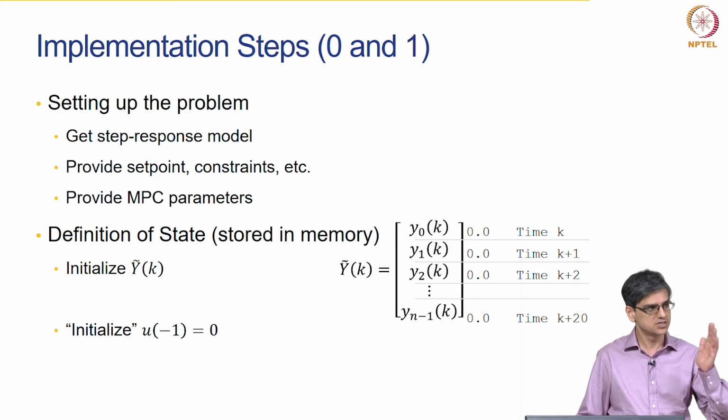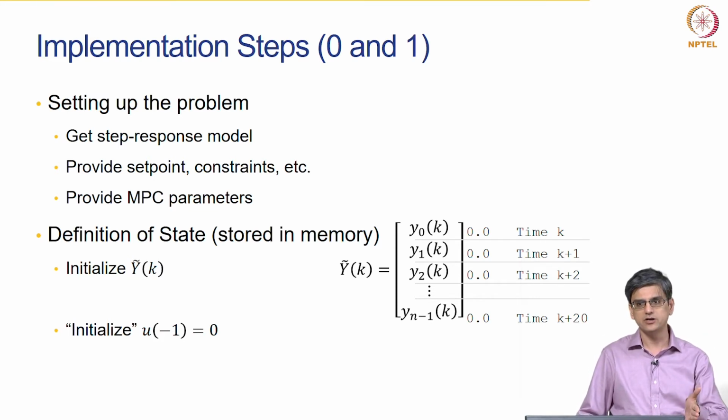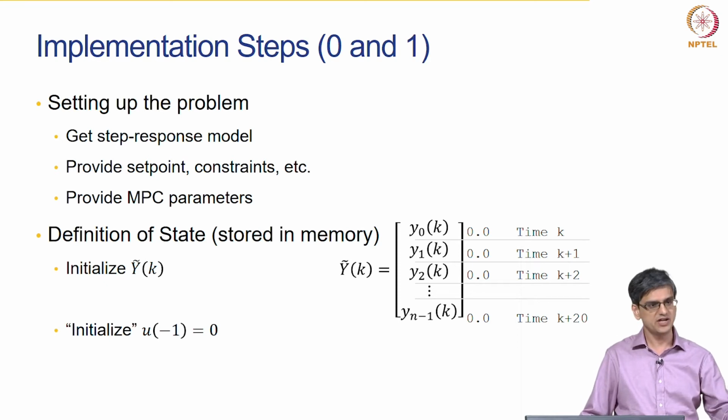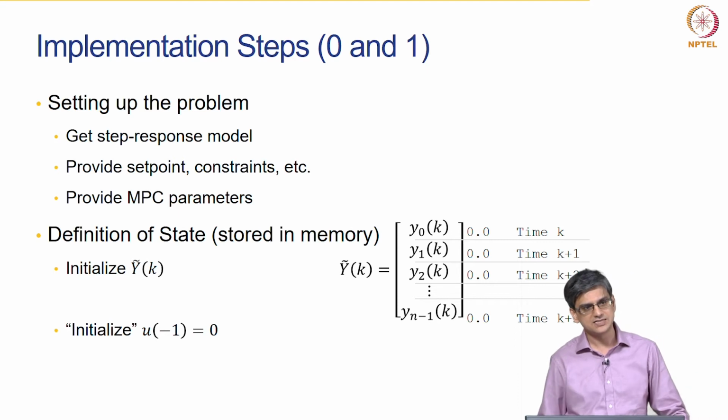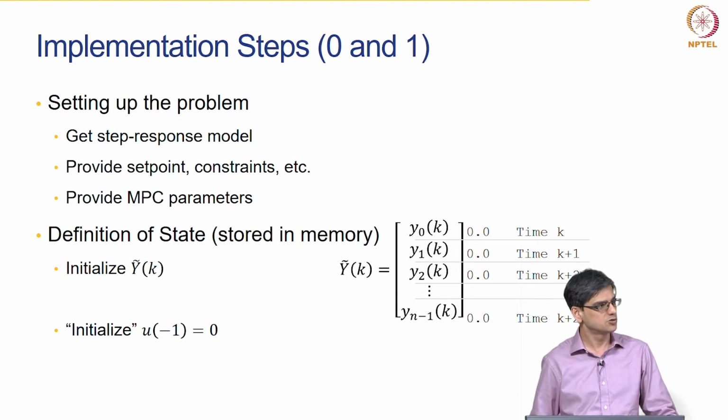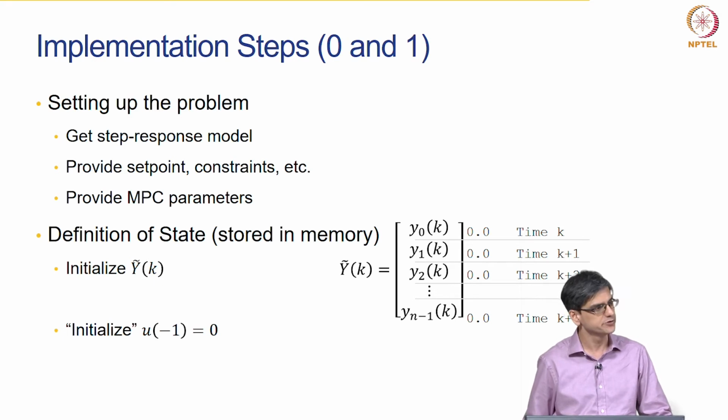For example, this is the plant model, this is the model, this is the value of m, this is value of p, this is value of q, this is value of r, etc., etc. M is control horizon, p is prediction horizon, q is output weights, r are input weights. Okay, all of those are going to be given to you. What is the set points, what are the disturbances, what are the constraints, all of those would be given to you.